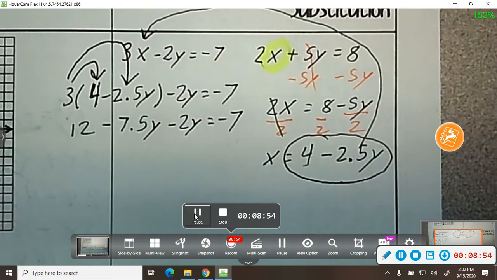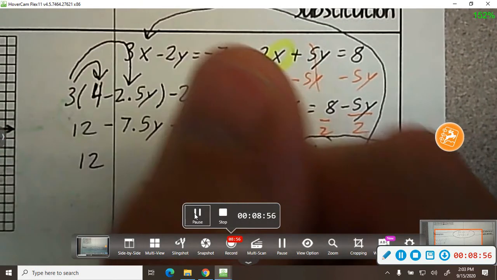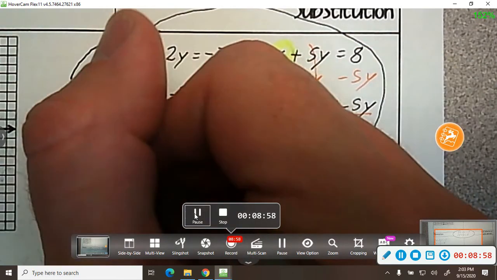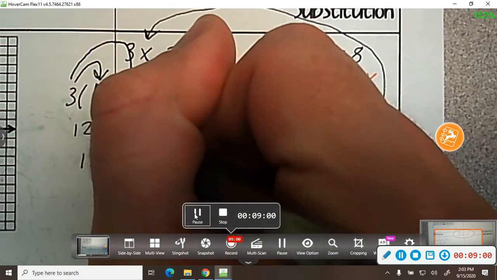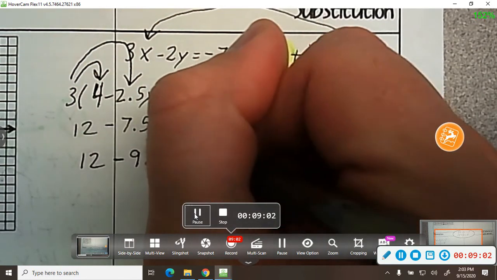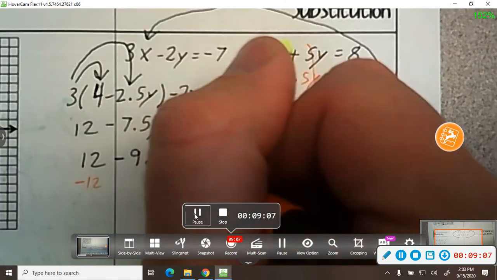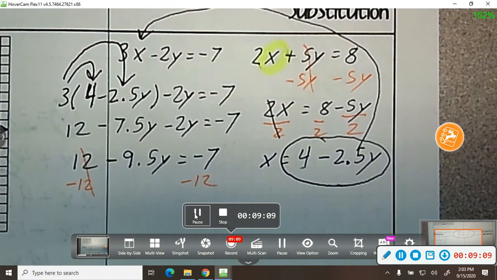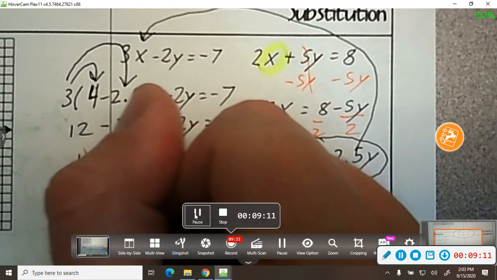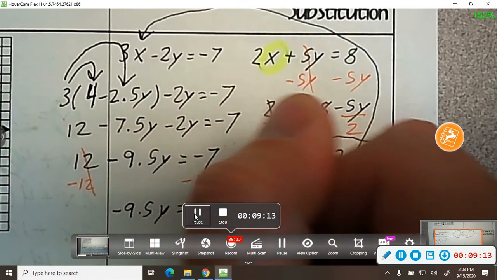Combine like terms. -7.5 and -2 would be -9.5. Minus 12 from both sides. Now I get -9.5y is -19.